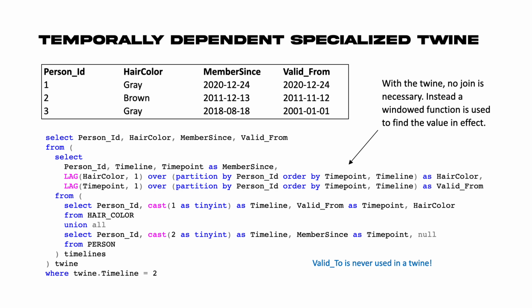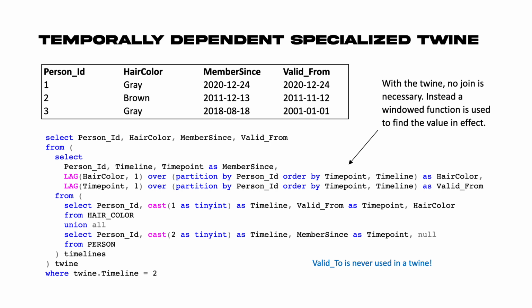Like I said, it's the previous value if you look at these timelines. So I can simply do a lag operation on this combined timeline to find the hair color and the valid from, which were in effect at each point of type 2. So that's why I have a where condition at the very bottom, singling out that I'm just interested in that particular timeline.